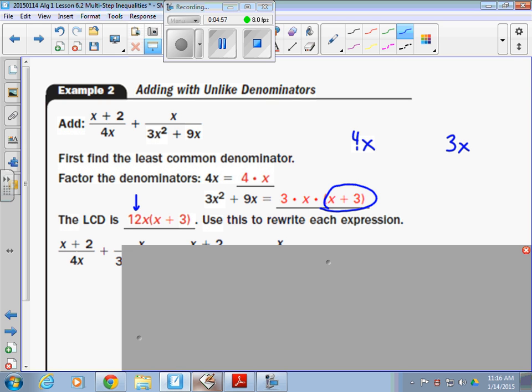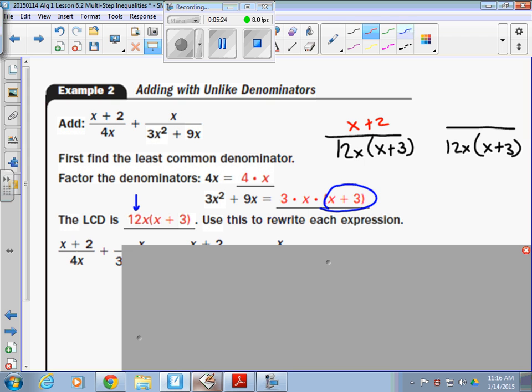So what you're doing is you're changing both denominators to 12x times x plus 3. That's one of the denominators. The other one is going to be 12x times x plus 3. That is the other denominator. Now the denominators are the same. And then you take the first fraction, set x plus 2 on the top. The second fraction said x.